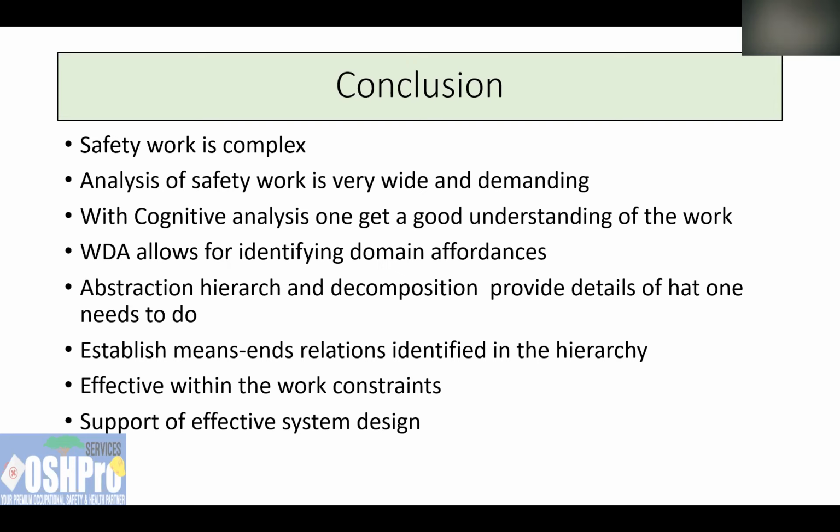When we do that and we are working within the constraints we've mentioned, then we are free to do the work, and we will do effective work because we've got the little details of what the work entails. And this will support us in building systems and strategies that enable us to have the most effective system and the most effective design of the work for the workplaces where we work.